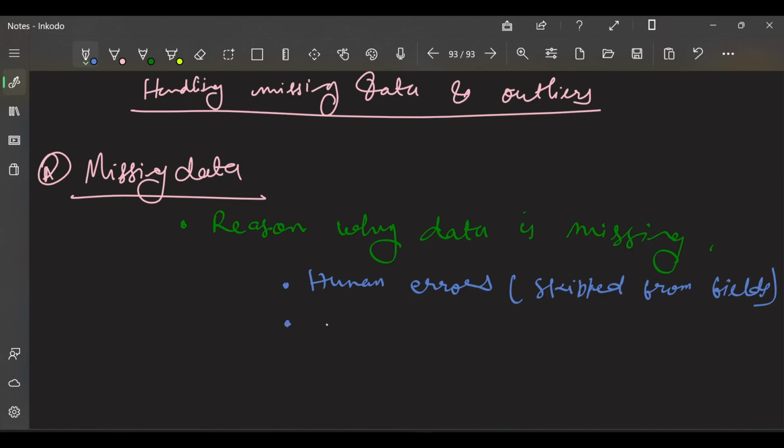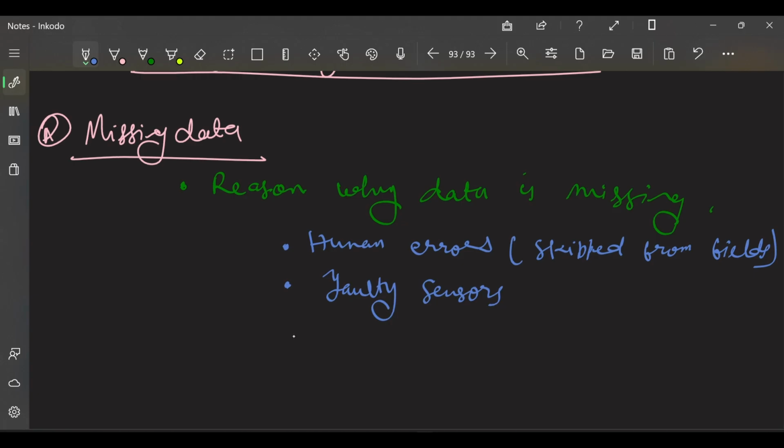The next one is faulty sensors, and it can be data corruption during the transfer. Okay, so these are the reasons why data is missing.